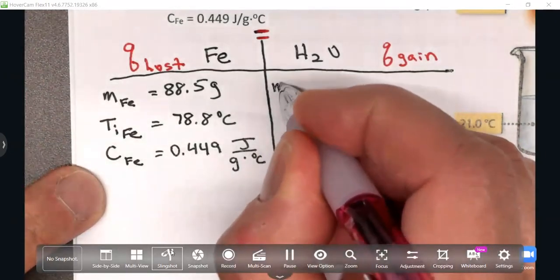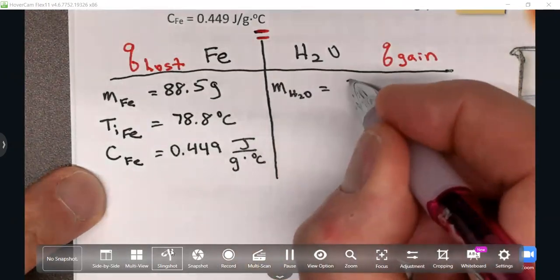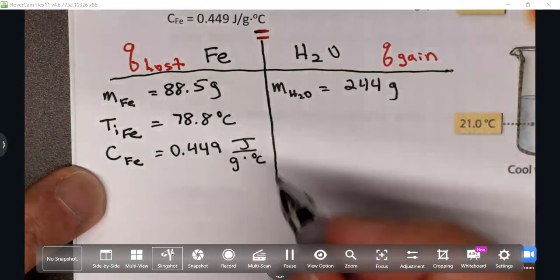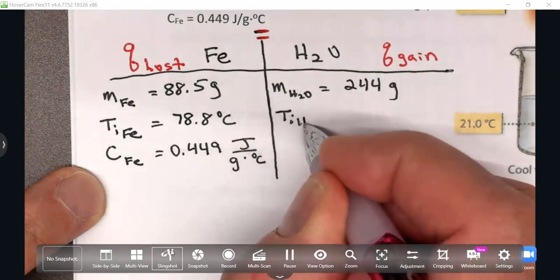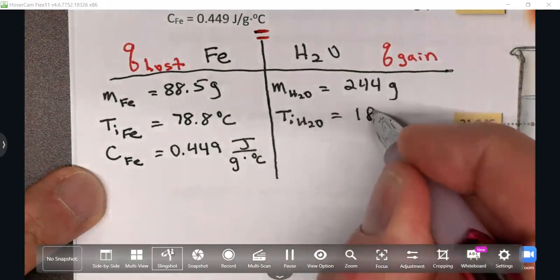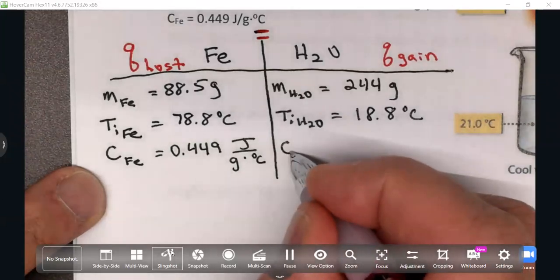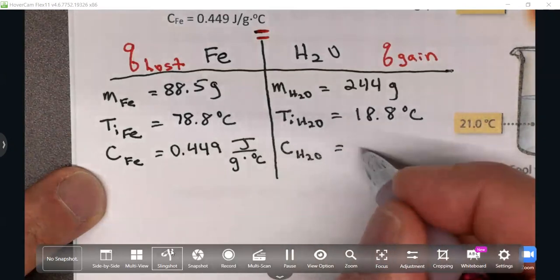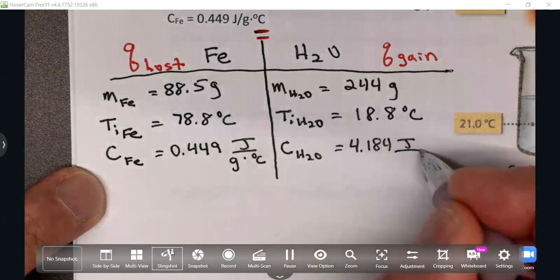The mass of my water is 244 grams. In my example problem, the initial temperature of the water is 18.8. And specific heat is 4.184.